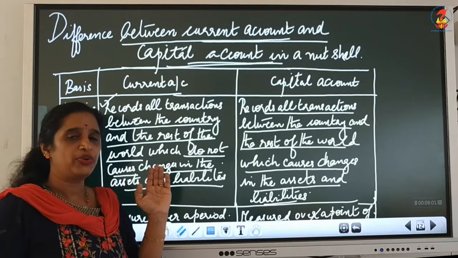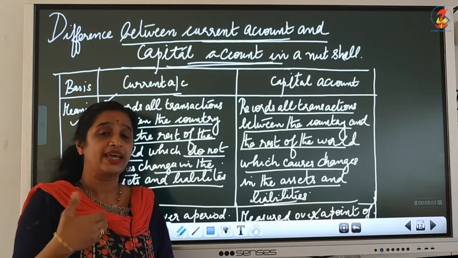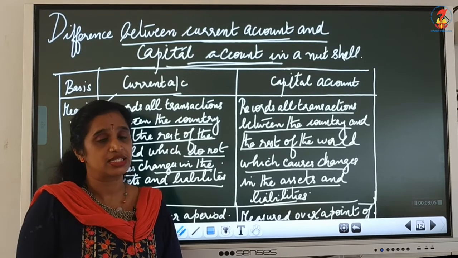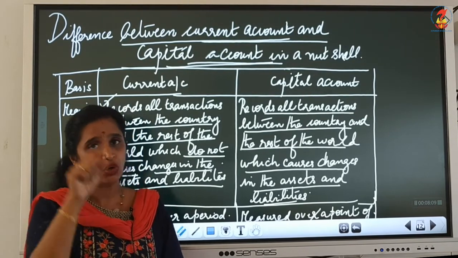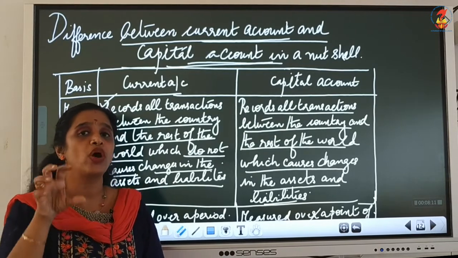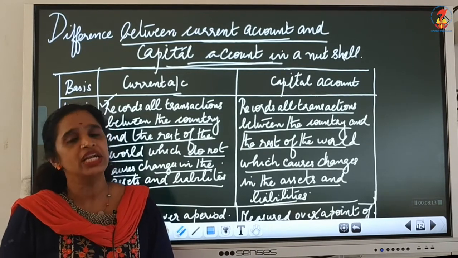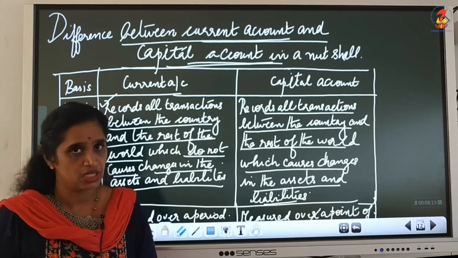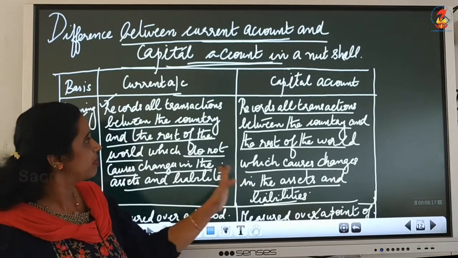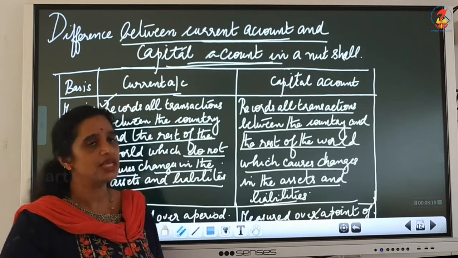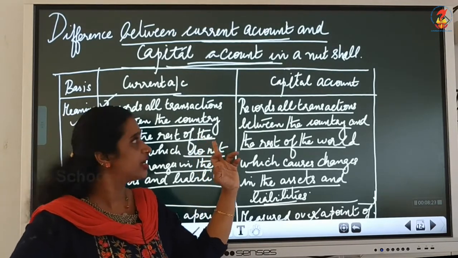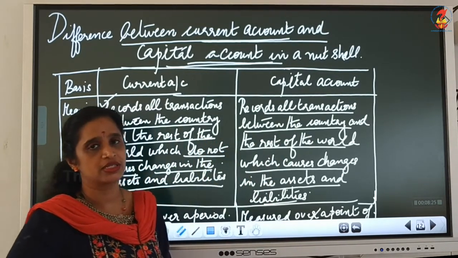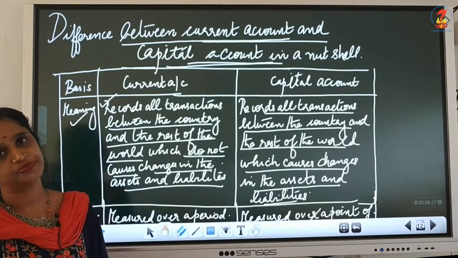Now I told you, when you write the answers, if it is asked to differentiate something in an economics exam, you have to draw a table and write on what basis you are going to differentiate the two concepts. So I have drawn a table divided into 3 columns: the first one represents basis, the second one represents current account, and the third one represents capital account.